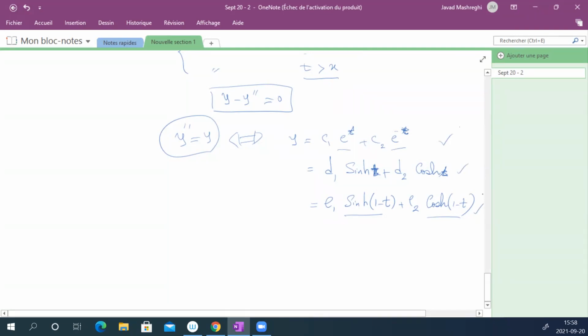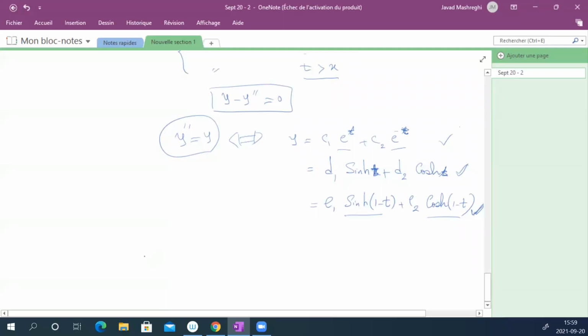So why did I mention this? Because again, it is true that I did the calculations with C1, C2, C3, C4. I went up to the end. And then I realized that it's easier to find the coefficients if I write other formats. So I went back and rewrote my solutions like this.